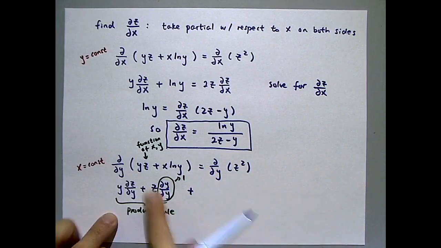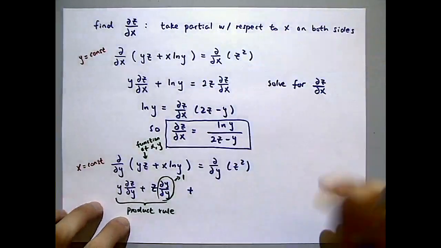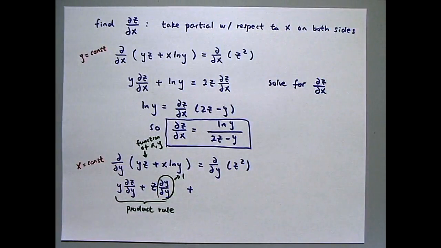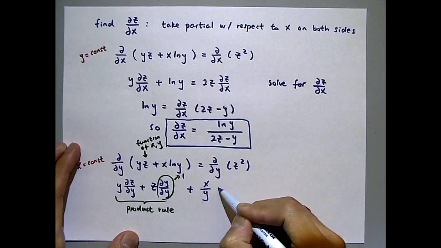Okay, so these two account for the derivative of y and z with respect to y. What's the derivative with respect to y, partial derivative with respect to y of x times ln of y? X over y, right? Good.